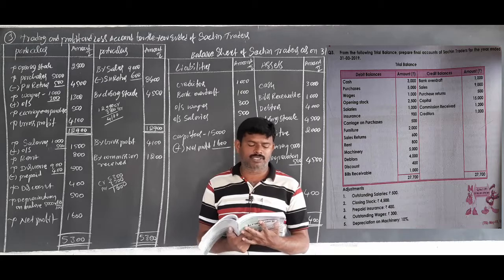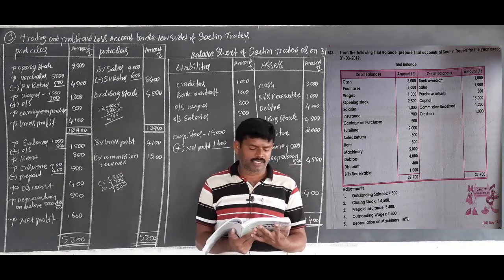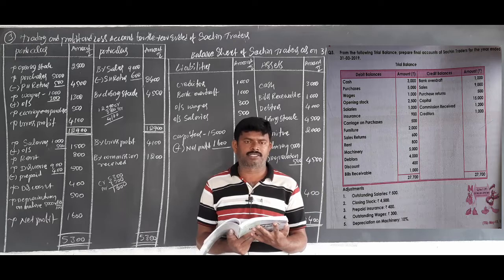So we discuss the third problem. What are the debit trial balance transactions?